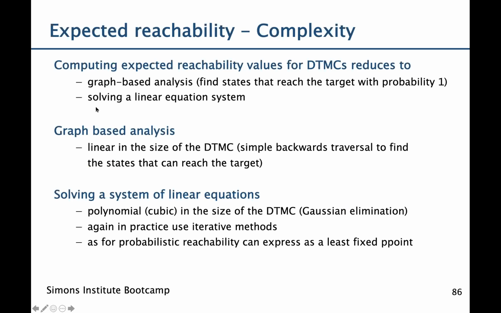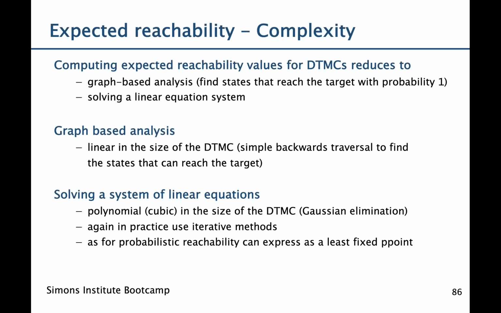So just to mention our complexity here. Similarly to probabilistic reachability, it reduces to first graph-based analysis. Here, we have to find the set of states that reach the target with probability 1, and then we have to solve a system of linear equations. For the graph-based part, this is linear in the size of our DTMC, and then we need to solve a system of linear equations.